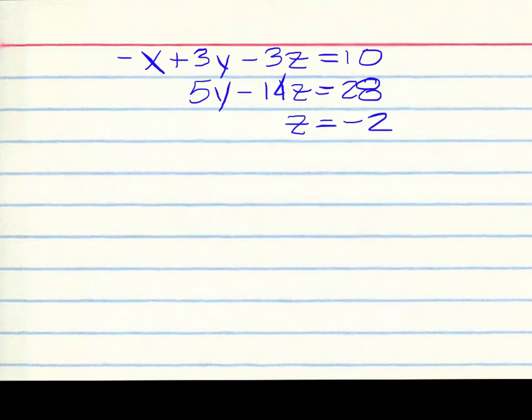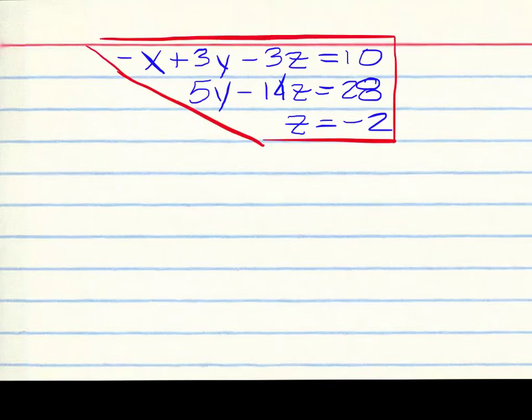So now you have that wedge formation here. You can go back and solve for the other two variables. So plug in negative 2 for z in this one. And that's 5y minus 14 times negative 2 equals 28.